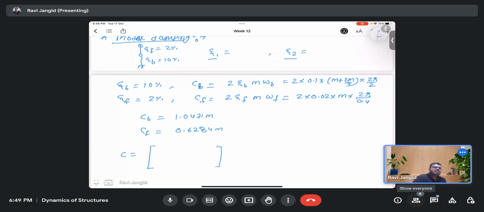It would be like the mass matrix or the stiffness matrix. How would it be? It would be like a stiffness matrix.